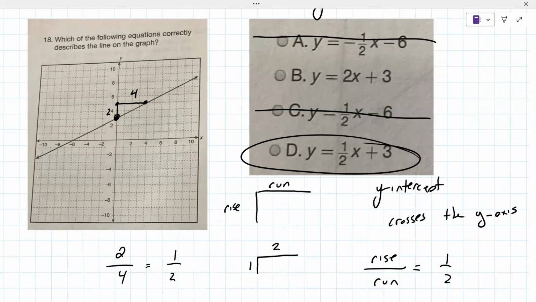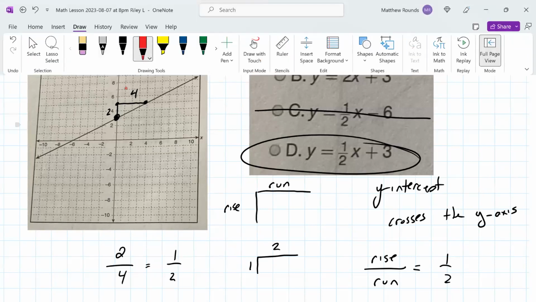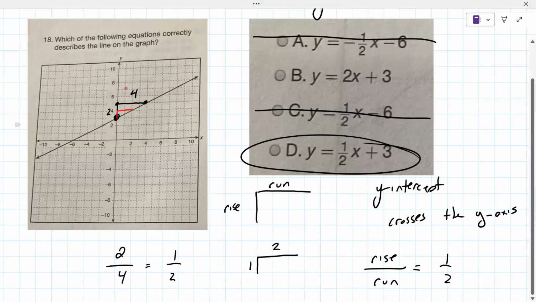I was just trying to choose a different point to show you that it doesn't matter. If you go up 1 over 2, that's the 1 and the 2 there. That's what I was wondering. Okay.